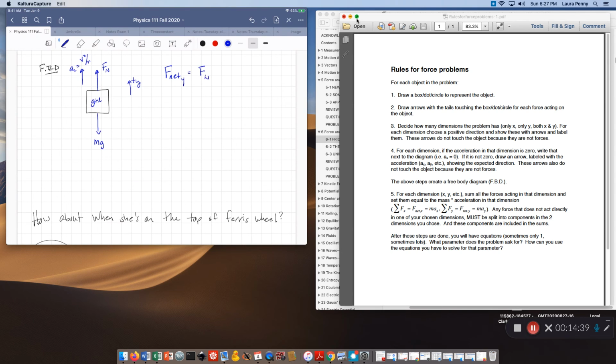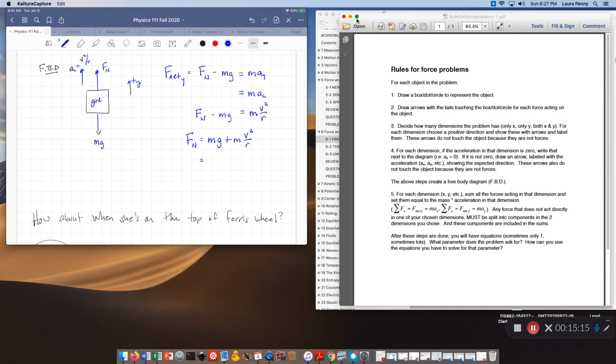I get the normal force minus mg equals m a sub y, but a sub y is a sub c, and a sub c is v squared over r. And so I have that the normal force minus mg equals mv squared over r. And so to get the normal force, I move this around, I get mg plus mv squared over r.